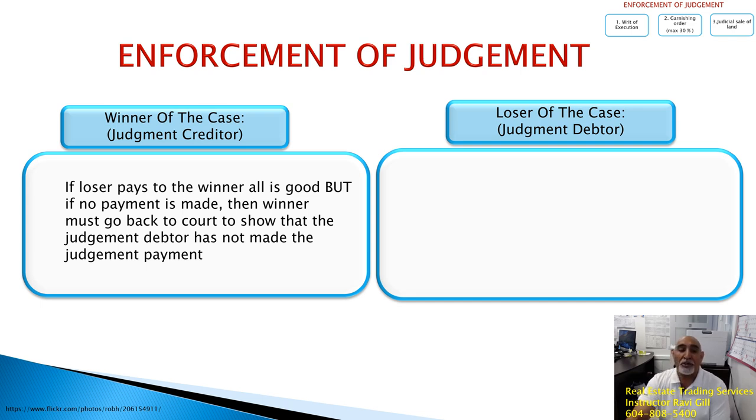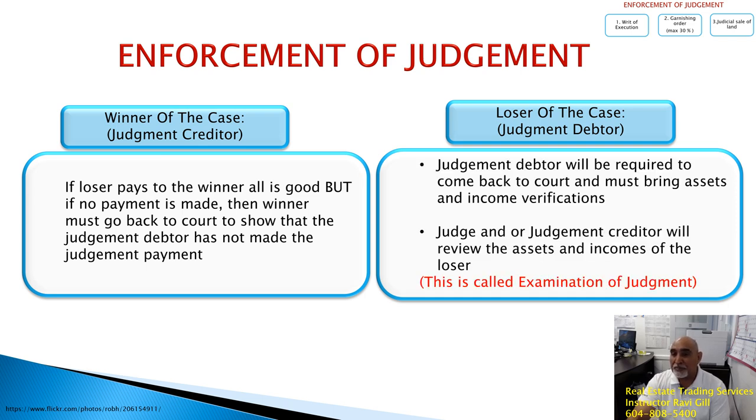Okay, so the winner of the case is called the judgment creditor. If the loser pays the winner, all is good, finished. But if no payment is made, then the winner must go back to court. The judgment creditor must go back to court to show that the judgment debtor has not made the payments.